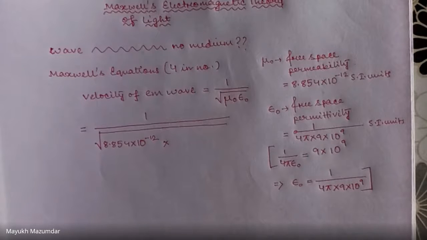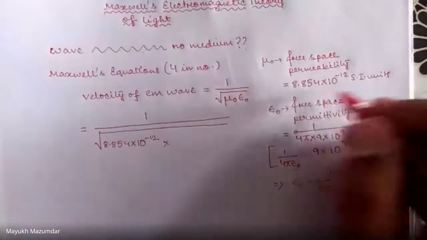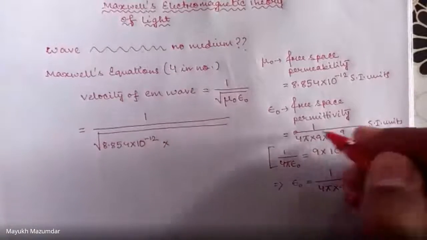Everyone do this. Oh, sorry, I'm extremely sorry. This is the value of epsilon 0. That's why I got confused. Yeah, how much you are getting? Shubhayu, how much you said?